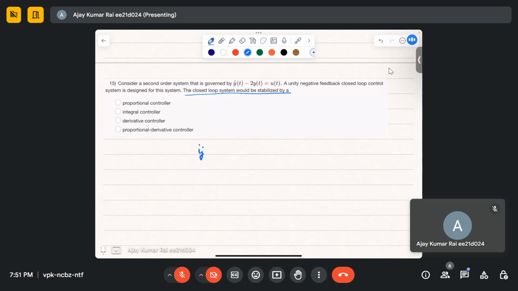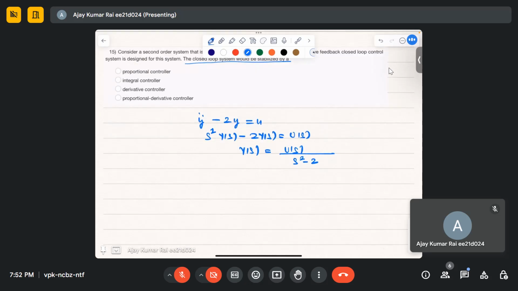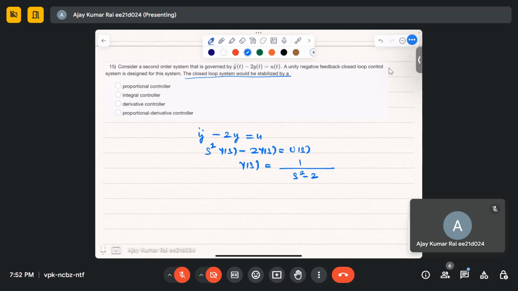For this particular system, let me find the transfer function first. s square Y of s minus 2 Y of s equals U of s. So what is Y of s? U of s divided by s square minus 2. If you see this transfer function, this is unstable, right? Because you see the roots.